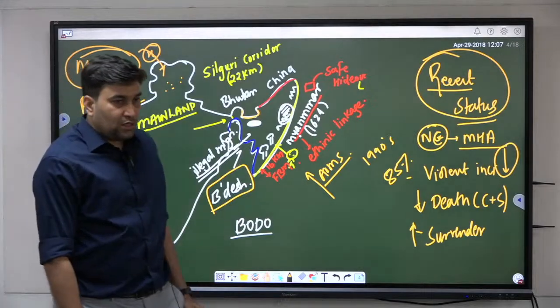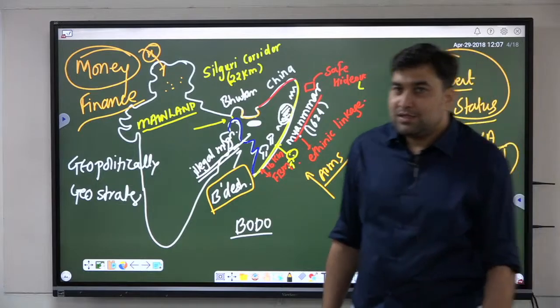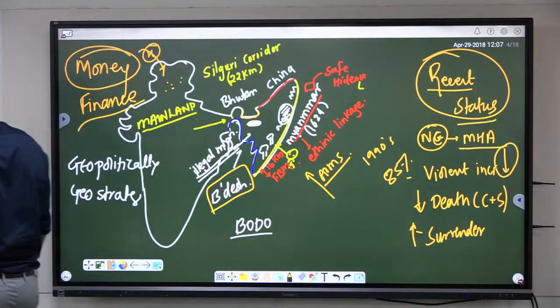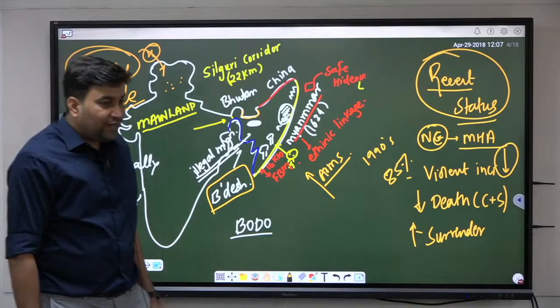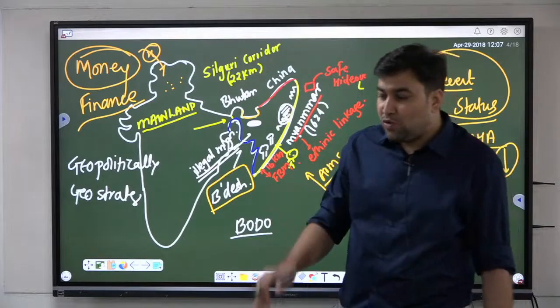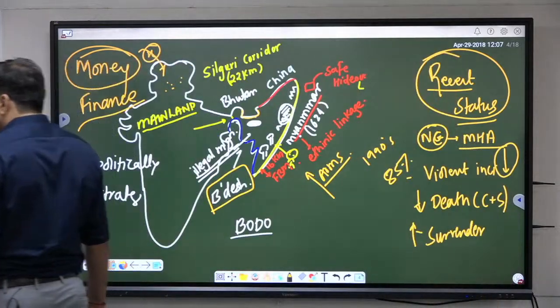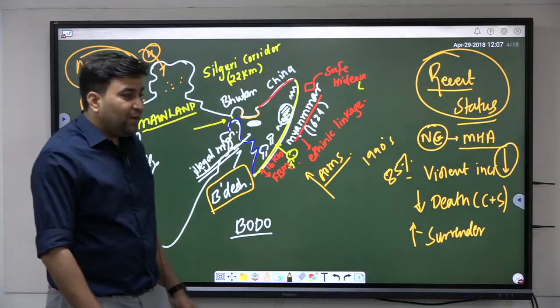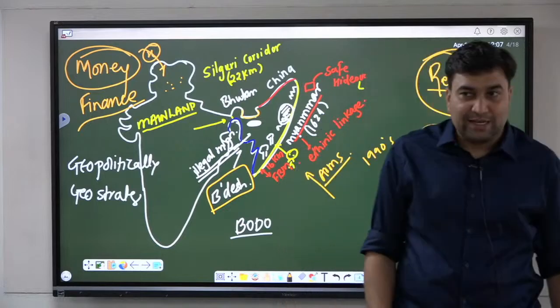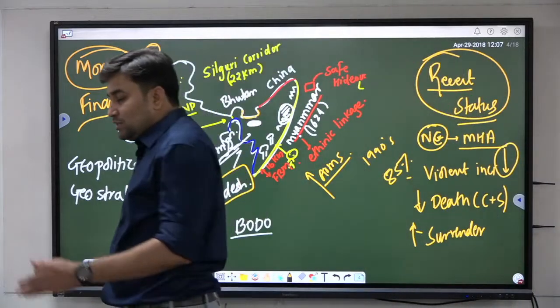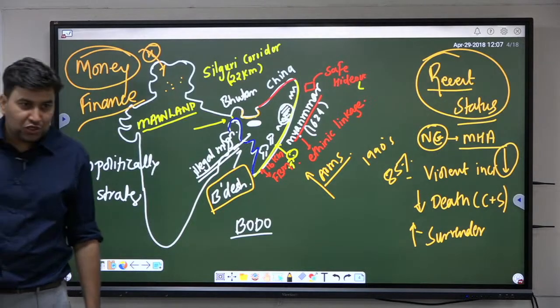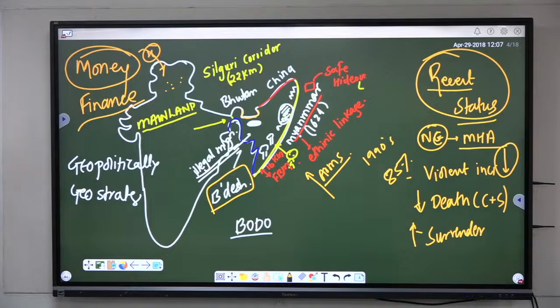Fourth, GOI, that is Government of India, is successful in inking multiple ceasefire agreements and SOO, that is suspension of operations, with respect to different groups in Northeast India. Okay. So this is the recent status.